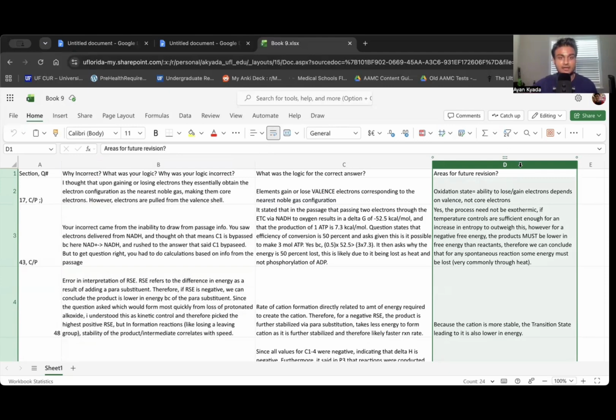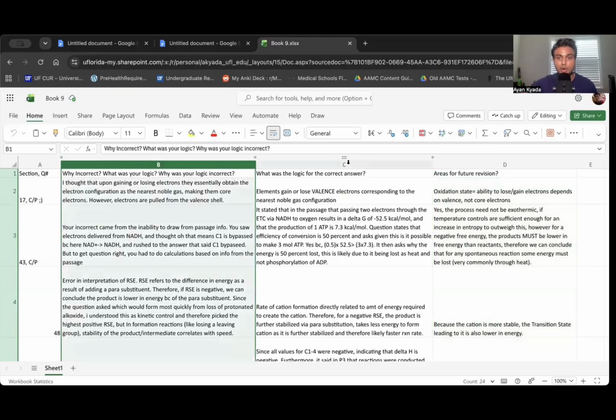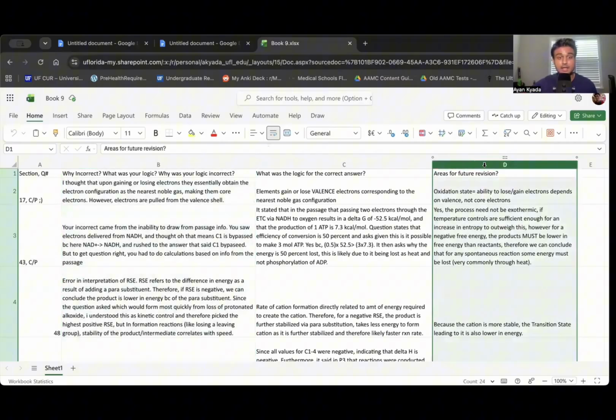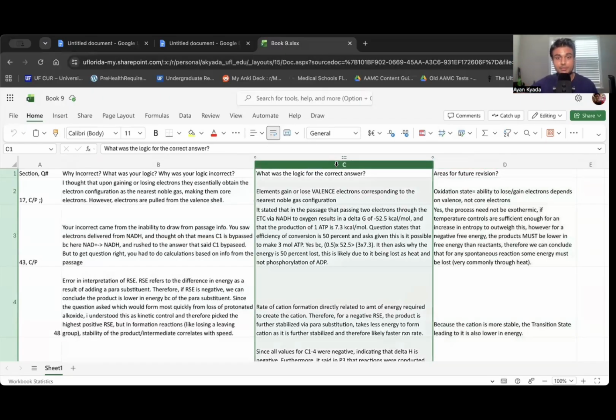Start labeling the axis, start noting what you see, start noting any trends and connect them to your basic sciences. So you can really see that columns 1 and 3 work hand in hand in addressing both your content and your strategy gaps.